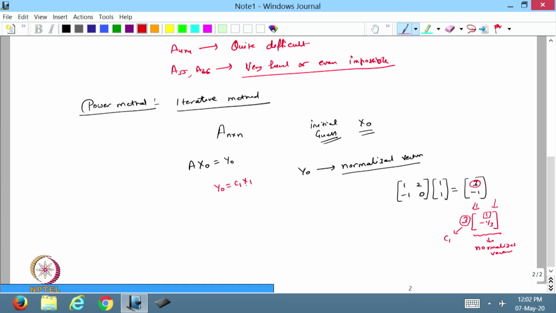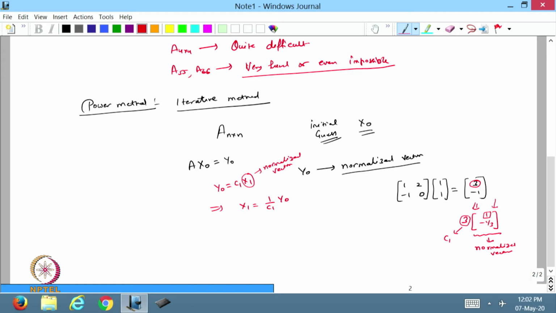The remaining vector becomes x1. So, x1 is my normalized vector. From here I can say that my x1 will be 1 over c1 times y naught. That is my normalized vector in this case.